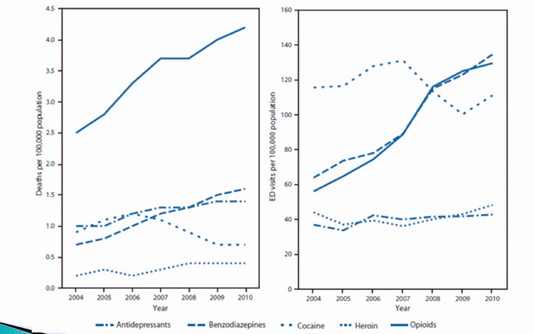Well, we see a big, continuous spike of people going to the emergency department for opiates and also for benzodiazepines. The same thing holds true with cocaine: around the same period there was a drop, and then we see a little bit of an increase of people going to the hospital. Again, we see that increase from 2009 to 2010, people going to the hospital, but not necessarily dying so much.